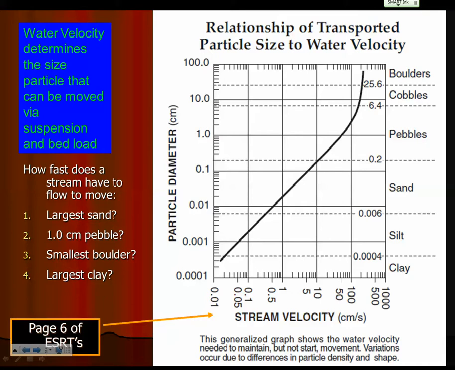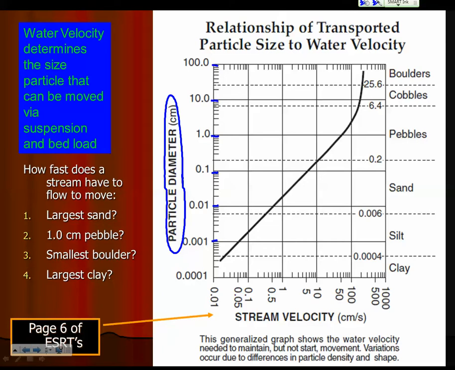So let's take a look at how this chart works. First off, we have particle size, which is the diameter of the particle on the y-axis, and it's broken up in increments, multiples of 10, and a logarithmic type scale here.